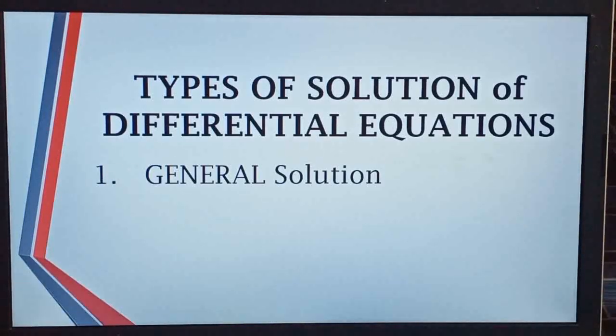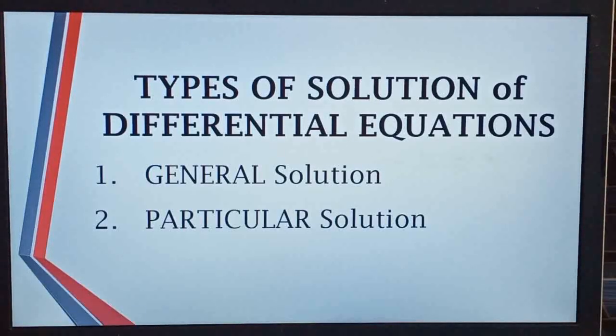But if that C has a value already, that's what we call the particular solution, or the exact equation of the differential equation given. So the difference between the two is that in a general solution, you still have an arbitrary constant, which is C. But in a particular solution, there is no presence of an arbitrary constant, or what we call the C.